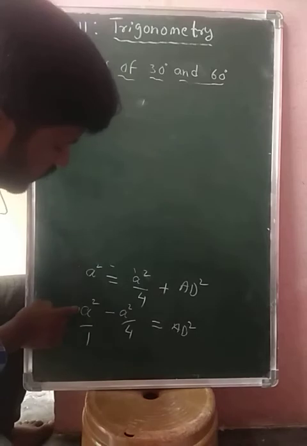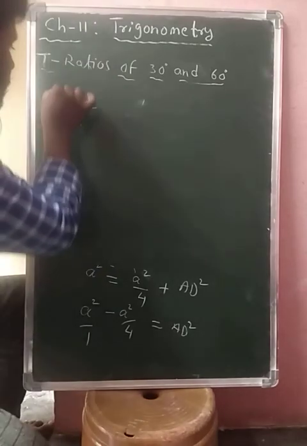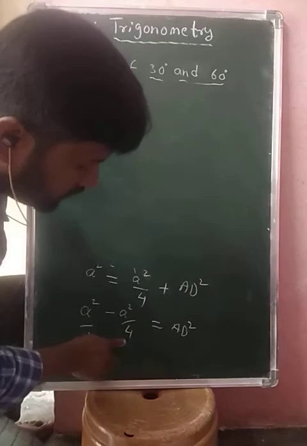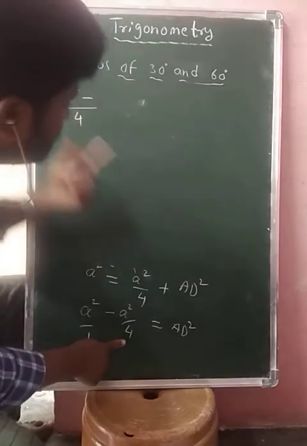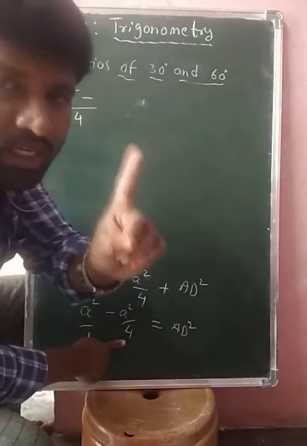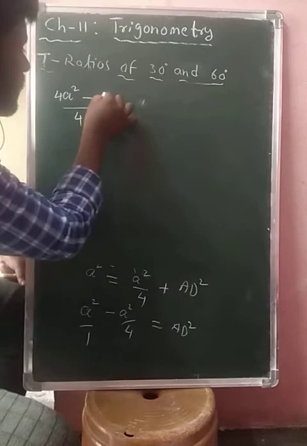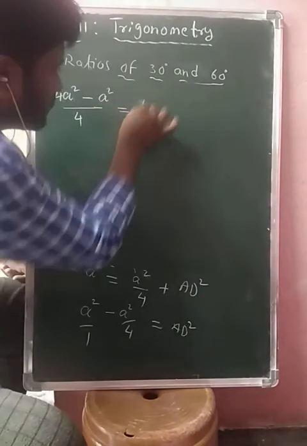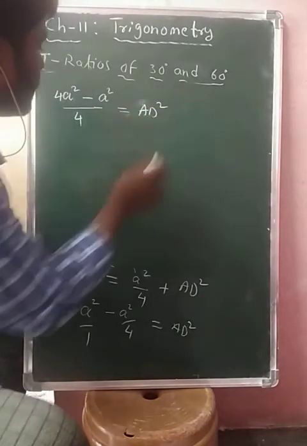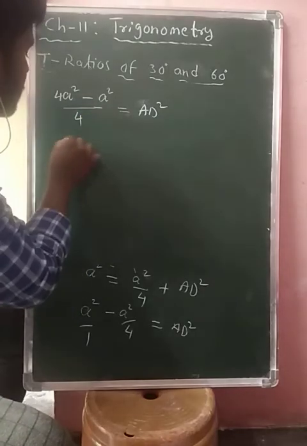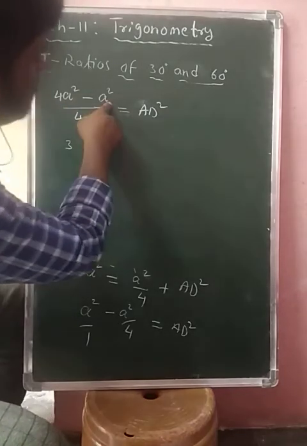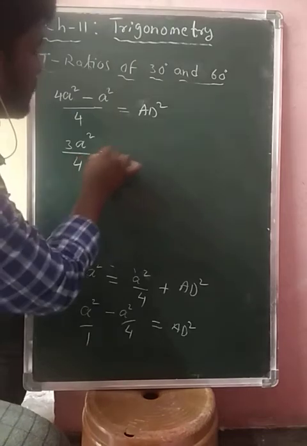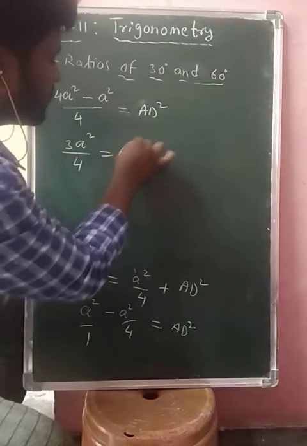That's why you multiply the numerator with 4, that is 4A square, minus the denominator 4, how many times in this LCM? 1 time. So with 1 you multiply A square, that is 1A square, equal to AD square. Now 4A square minus A square is 3A square by 4, equal to AD square.